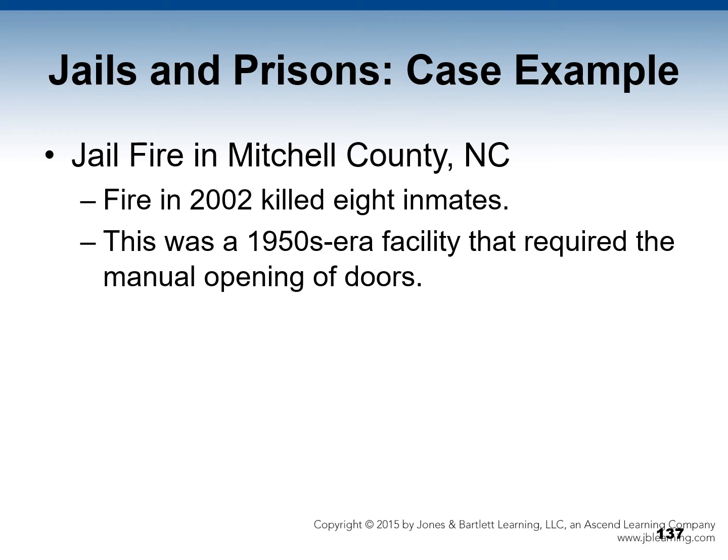A case example for you to read about is one that occurred in Mitchell County, North Carolina, and this was a recent fire in 2002 that killed 8 inmates. This was a 1950s era facility that required manual opening of doors.